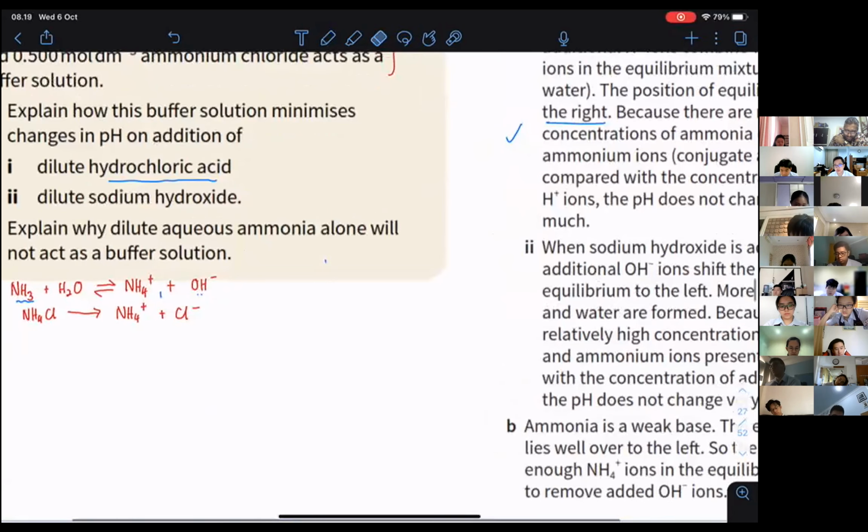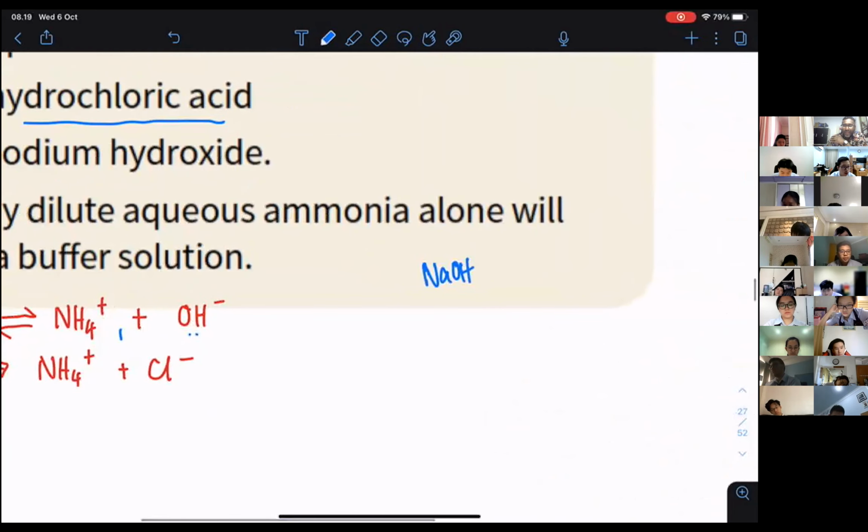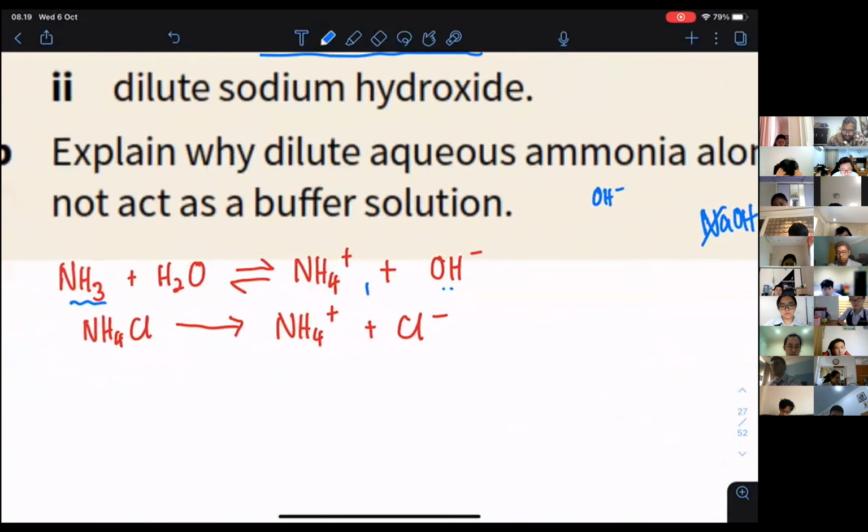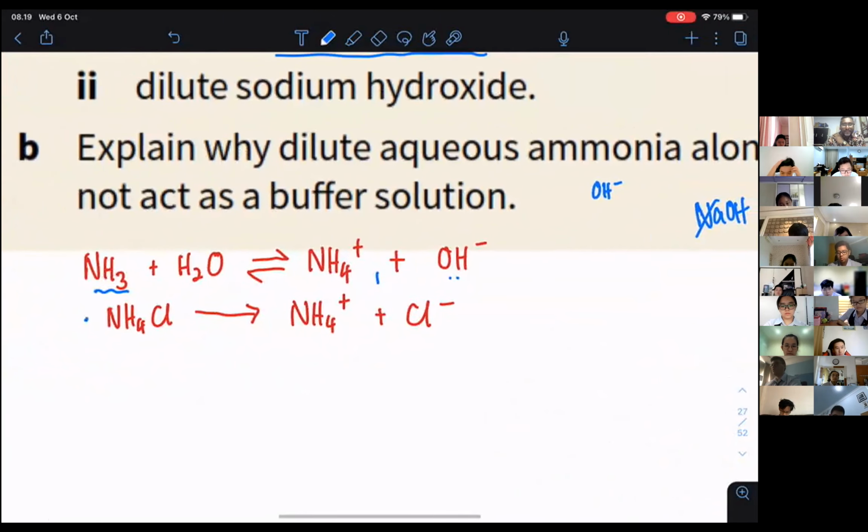Same equation. When I add sodium hydroxide, the best way to look at it is by removing the Na plus, so you just look at it as OH minus. Now, what did I tell you? You don't look at this.